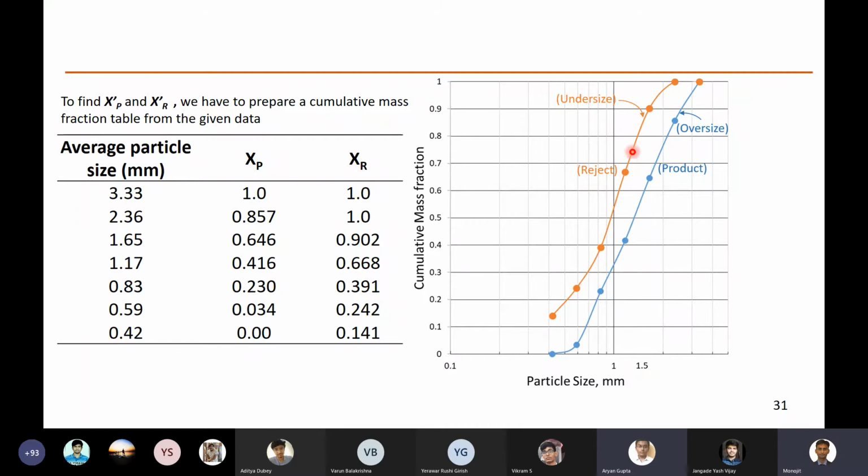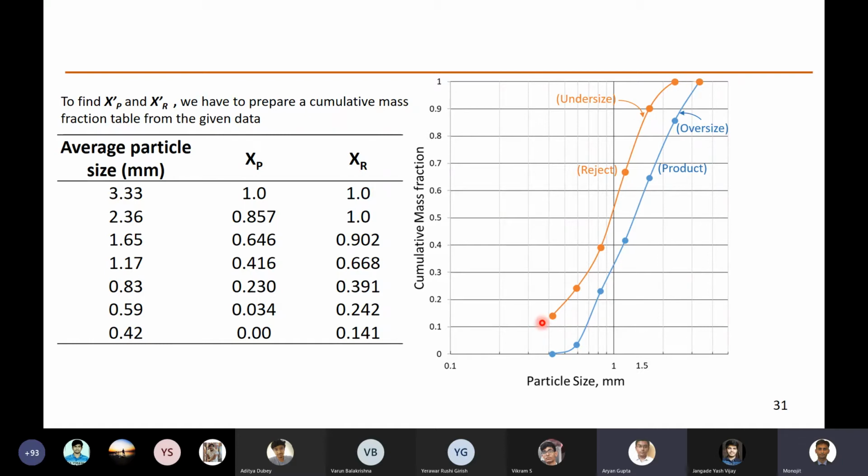If I hit the reject graph and get the corresponding mass fraction value here, what will I get? No, this is the reject graph.